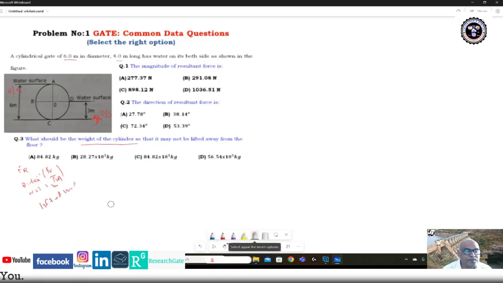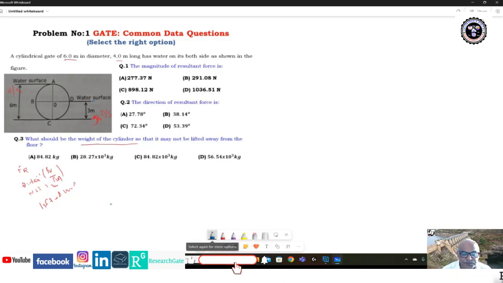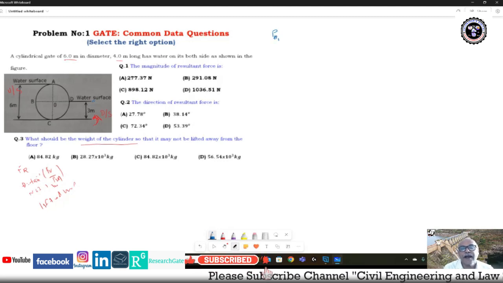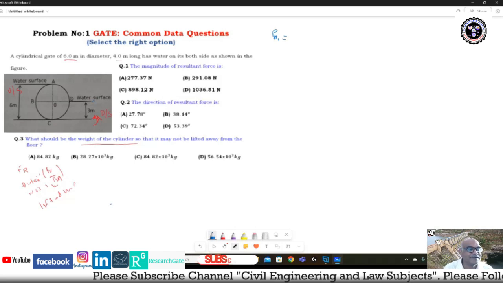Now we'll solve the problem one by one. So first of all, we'll calculate pH1, that is horizontal pressure at upstream side. Upstream side means this side.